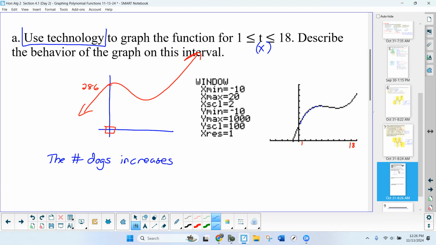Then what? What's it do slightly after it increases? It decreases slightly. And then what's it do again? And then increases again.